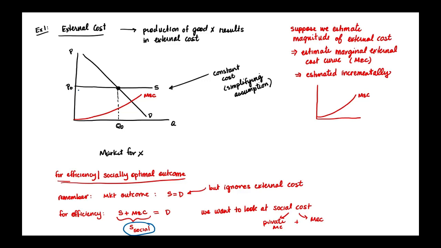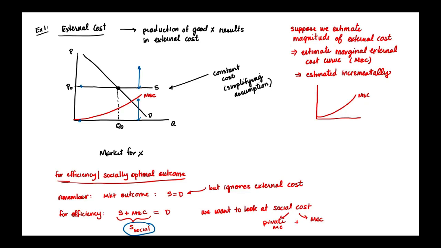So it would make sense for me to start with my point on my supply curve and then add the marginal external cost, right? And I can start with this point, but now I need to add that. So now I have 2 points. See what I did? All I did is I took the marginal external cost curve, I measured it, and I added it on top of the supply curve, right?